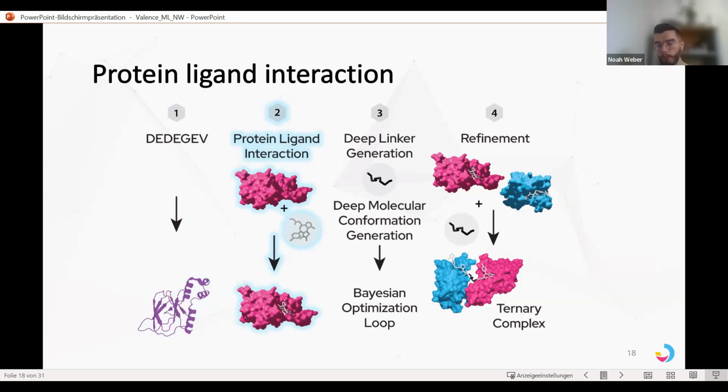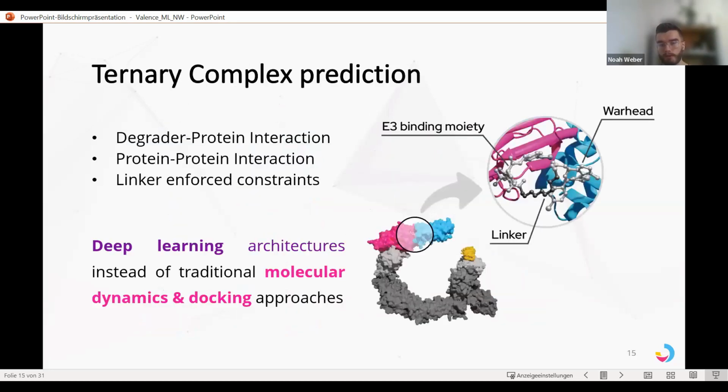Okay, I'm going to repeat it very briefly. In order to determine the conformations, you need to have some sort of initial ternary structure, right? And to have this initial ternary structure, if we think back to the five molecules involved in the story, at a very high level you have the proteins, the warheads, and the linker.